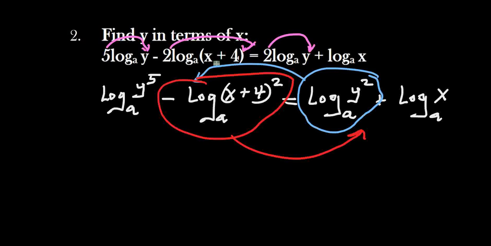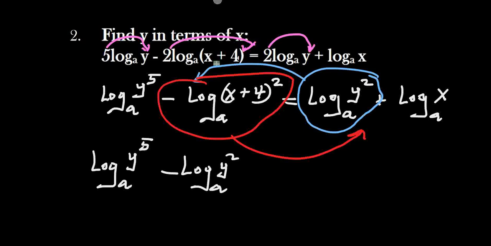So this will become log y to the 5th power to base a. So switch log y squared to base a to the left hand side and change it to negative. So this will become minus log y squared to base a equal to, now we have to switch negative log (x plus 4) squared to base a.